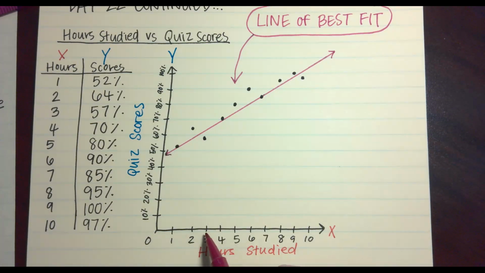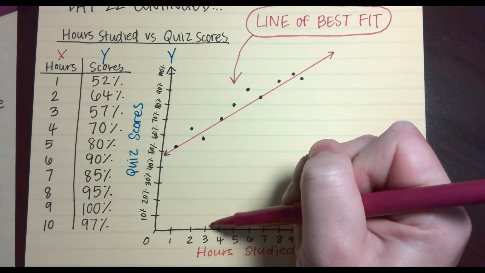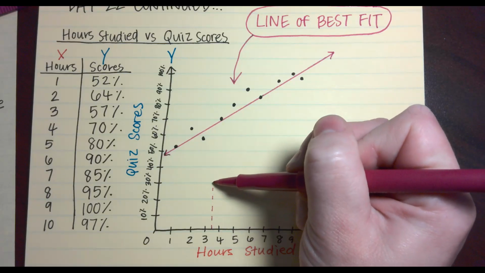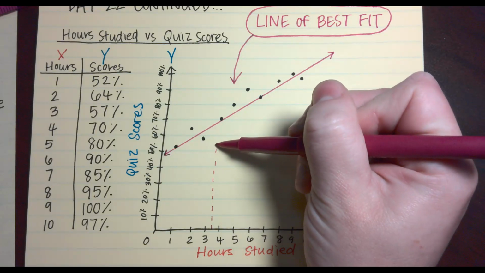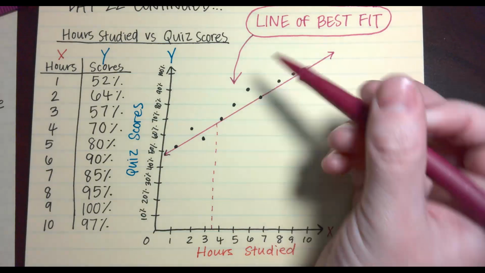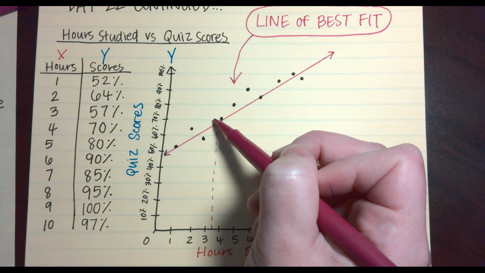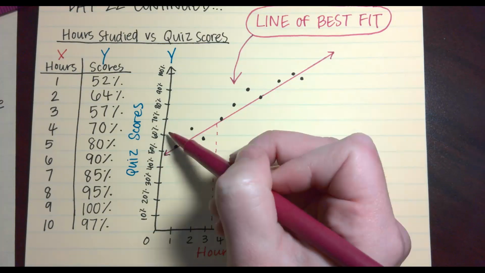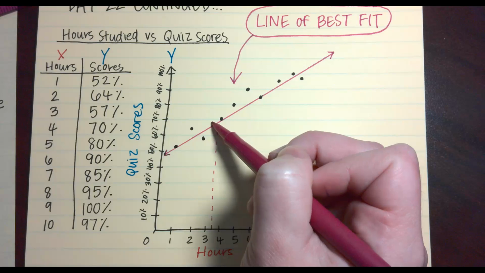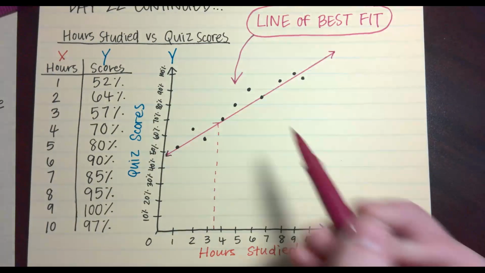Let's see. I'm going to go down here to about 3.5, which is in between 3 and 4. And if I follow that up to my line, looks like they're going to get somewhere below 70, above 65. So maybe it's like 68, 69%.